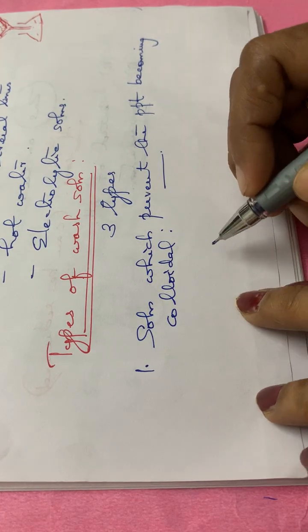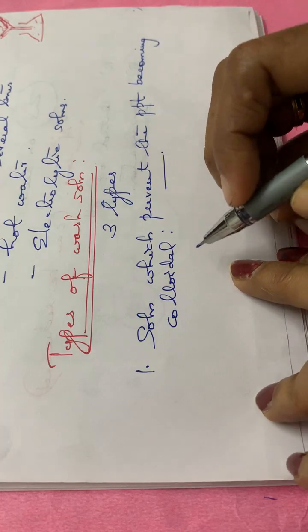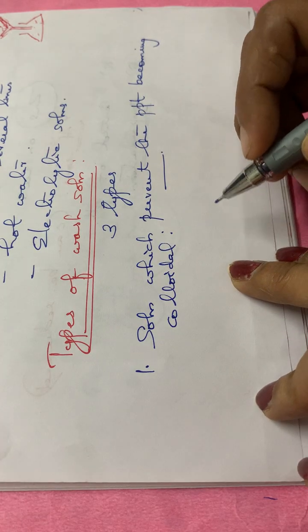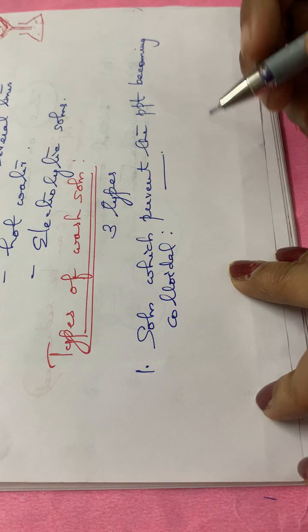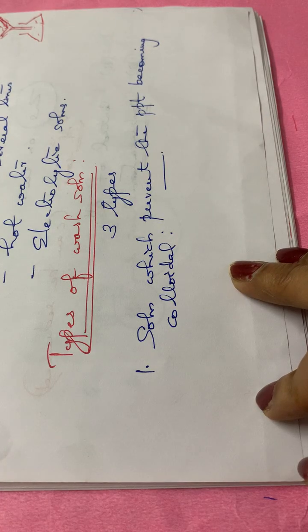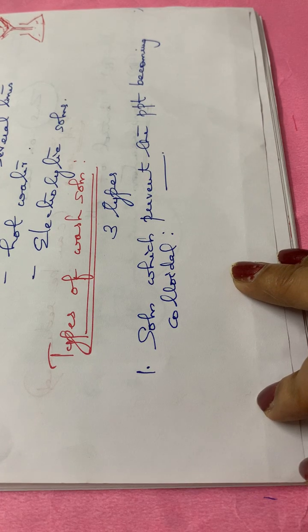If we are using a particular wash solution and the precipitate gets colloidal or gelatinous, it might affect our estimation value. So in order to avoid that, we should be using solutions which prevent the precipitate becoming colloidal.